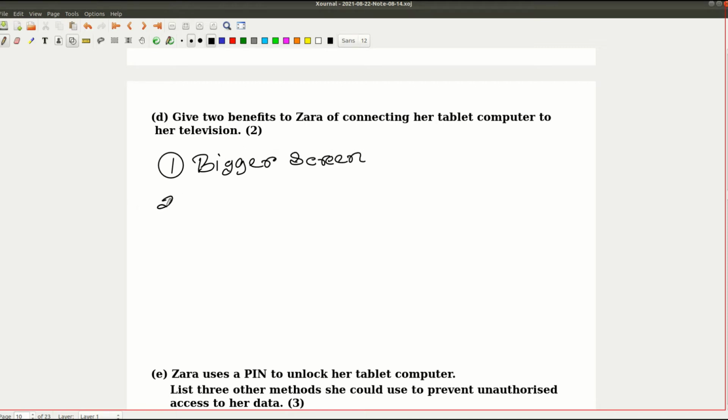The second one is you can get clear audio, or louder audio. Two marks, so I write these two.